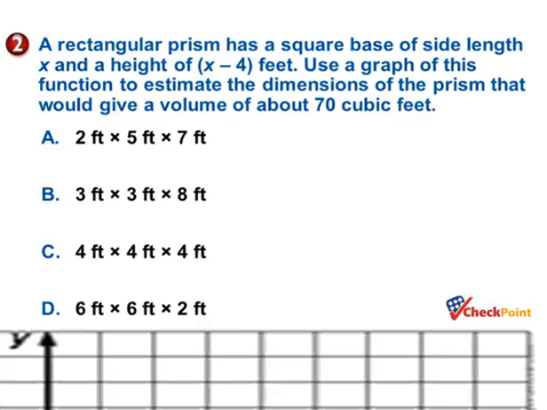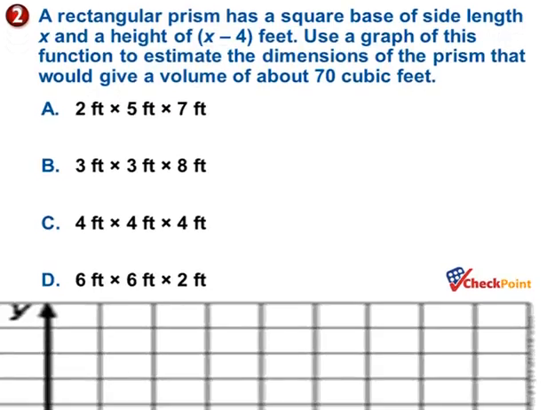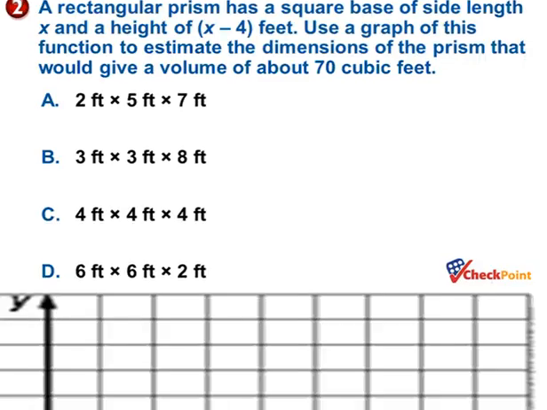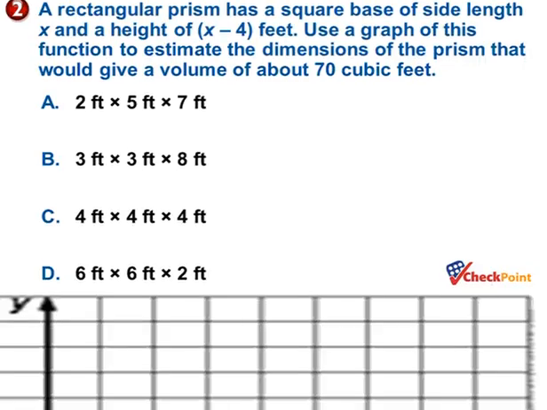All right, a rectangular prism has a square as the base and a height of x minus 4. Use the graph of this function to estimate the dimensions of the prism that would work. Well, if square is the base, that means it is x, and the height would then be the expression they give, x minus 4.